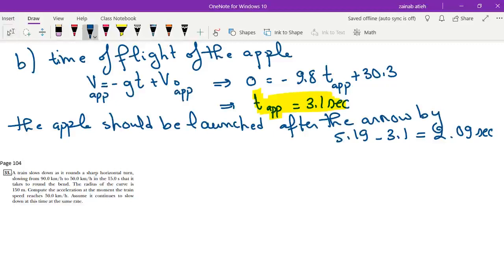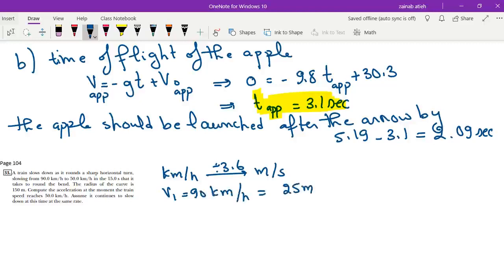First, I will try to convert the velocities to SI units. You know how to change from kilometer per hour to meter per second: divide by 3.6. Okay, so I will get V1 equals 90 kilometer per hour, which gives me 25 meters per second, and V2, which is 50 kilometer per hour, equal to 13.8 meters per second.